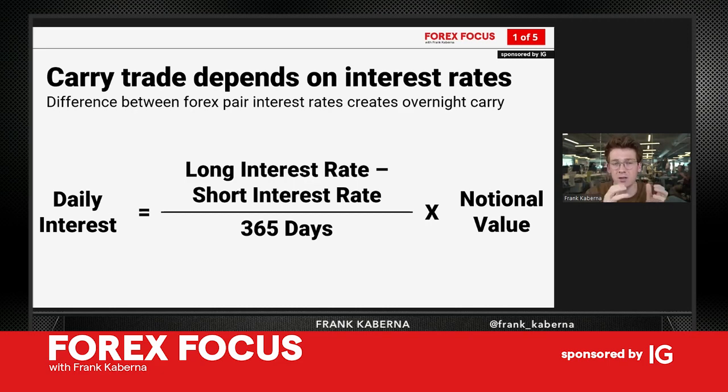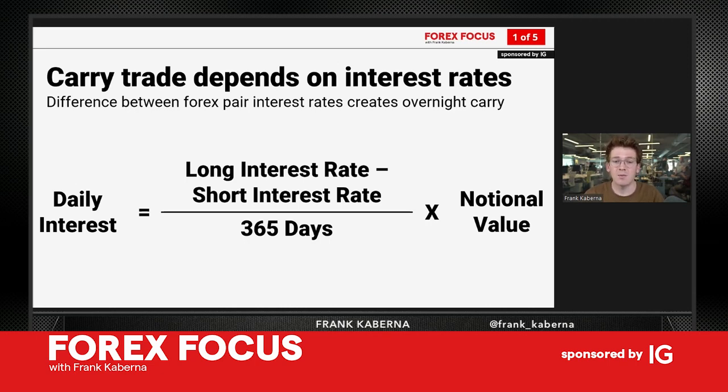If you buy EUR/USD at 1.10, that is the exchange rate, where every euro is $1.10. And you think that the exchange rate is going to go higher, that the euro is going to appreciate relative to the US dollar.